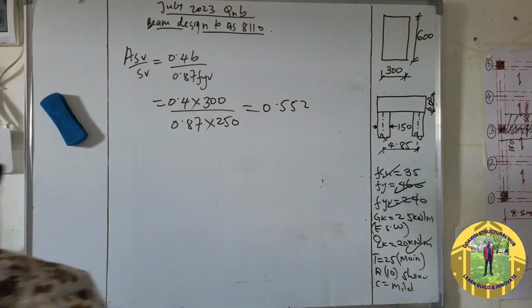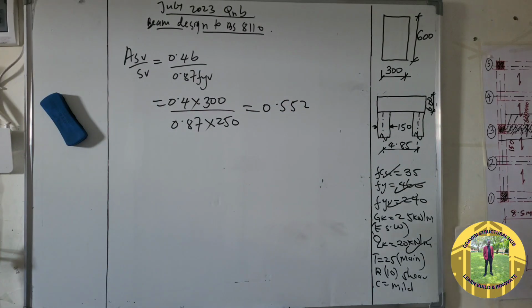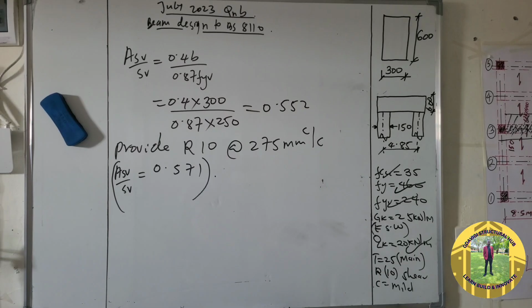0.552. And then let's now obtain the size of the shear reinforcement links and the spacing using 0.552. Asv over sv is equal to 0.552.